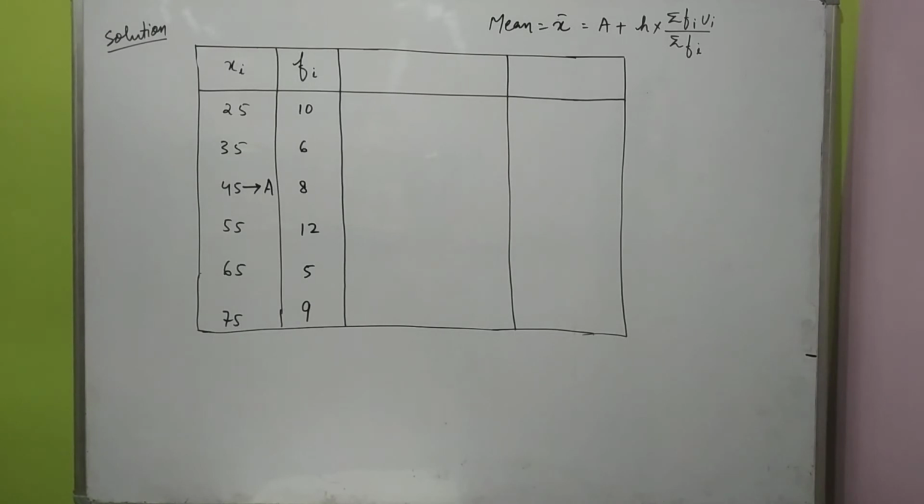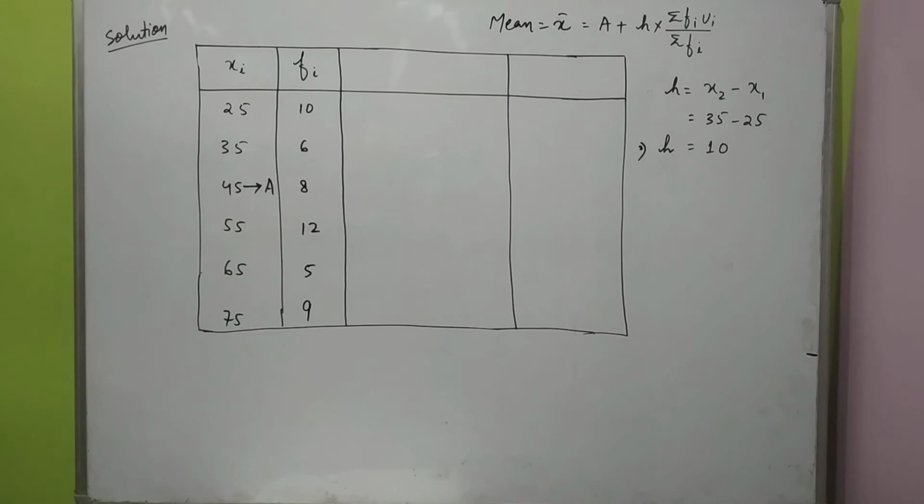Then we have to find H. H we have already written: H is equal to x2 minus x1. So our H value is equal to 10.